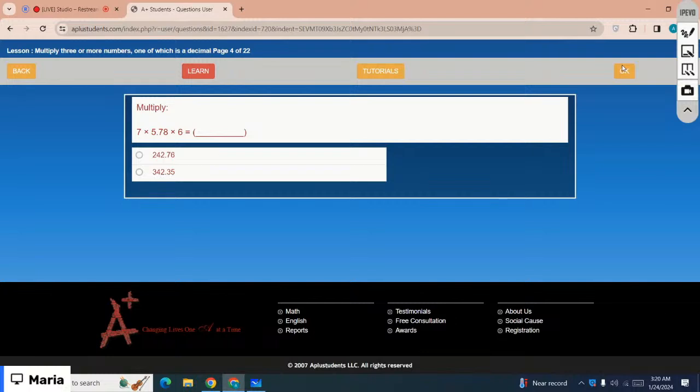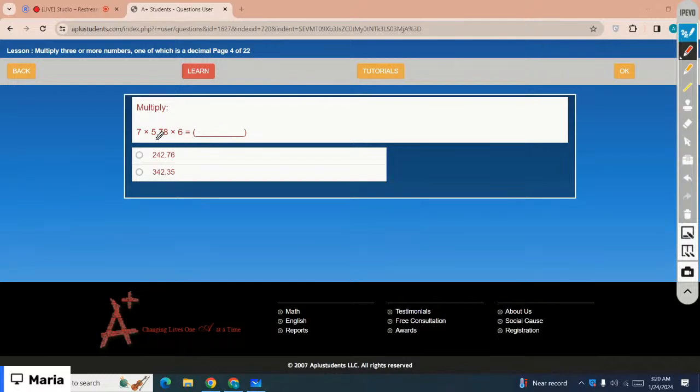So multiply the non-zero values first. Just do 7 times 5.78. 578 times 7, right? I'm going to multiply without decimal first, right?